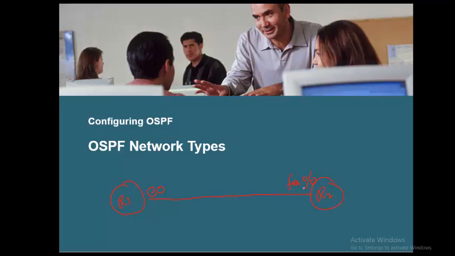Whenever you have Ethernet, fast Ethernet, gig Ethernet or any Ethernet, OSPF will consider the network type as broadcast on either side. Why? When you have Ethernet, you can connect a switch and you can have more routers, more neighbors.